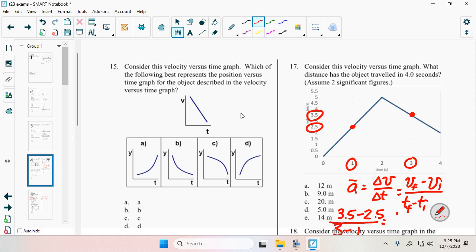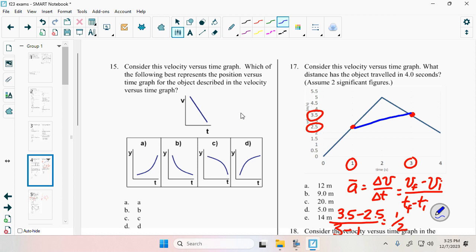That's 1 over 2, or a half. I don't think of it in that way. I really do it where I'm just finding the slope of that line. Anytime I'm having average acceleration or average velocity, you just connect the 2 points and you find the slope of the line. That's really what you're doing. That's what I did here, right? Rise over run. Delta v is change in y over change in x.